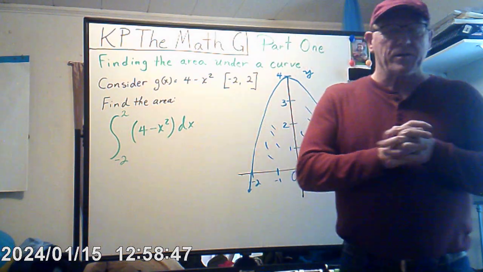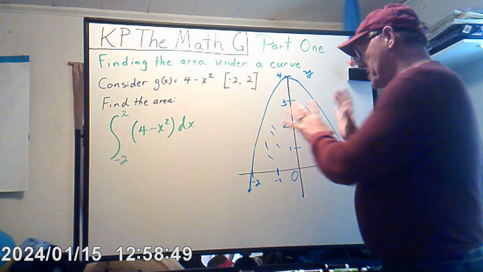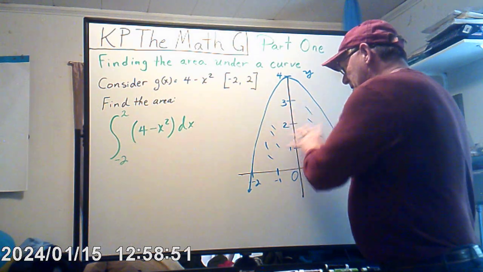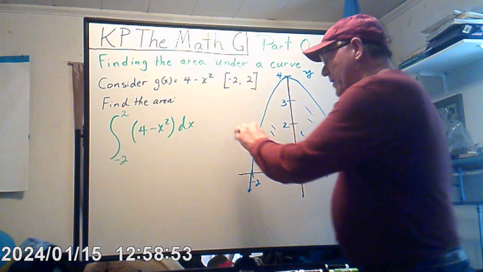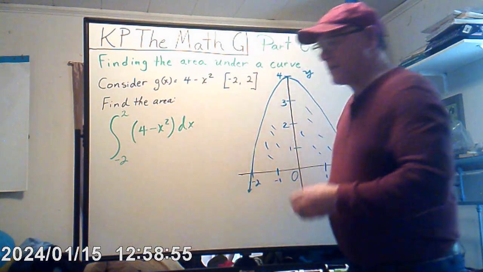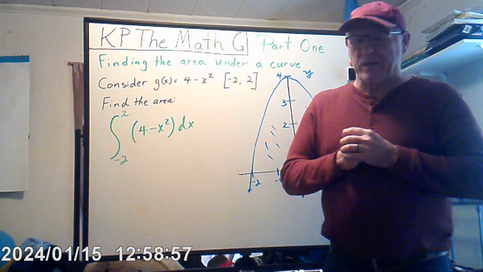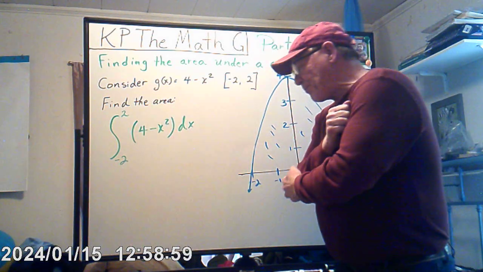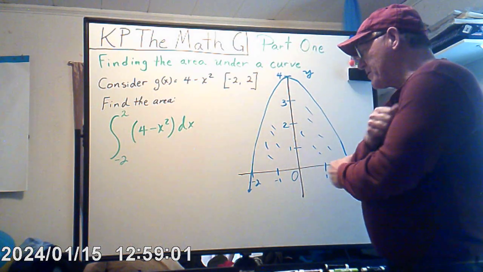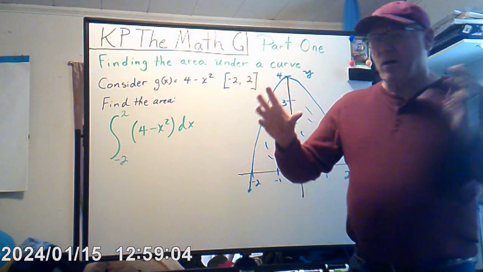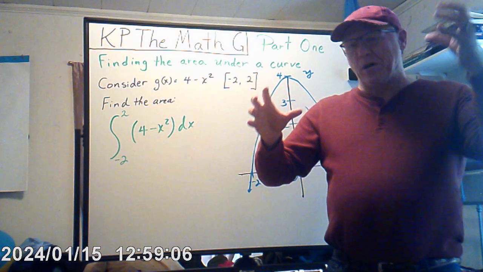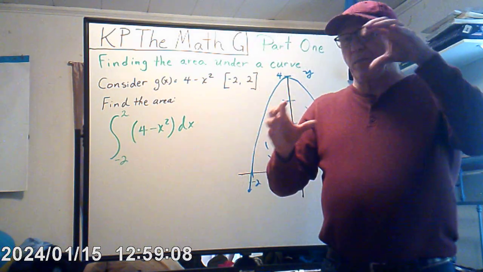Why do we find the area under a curve? This function here may represent, for example, how fast the water is going through a pipe.